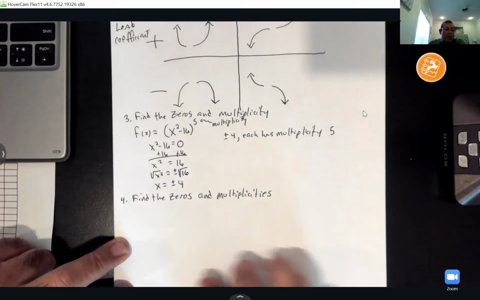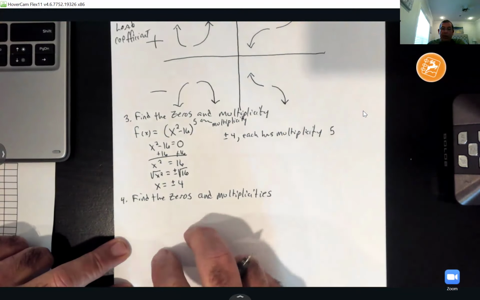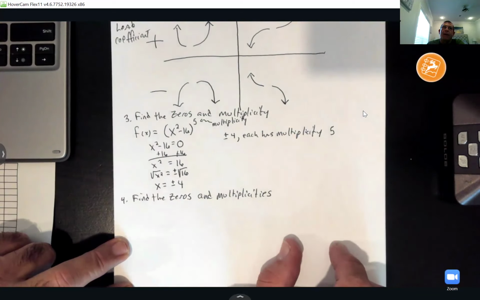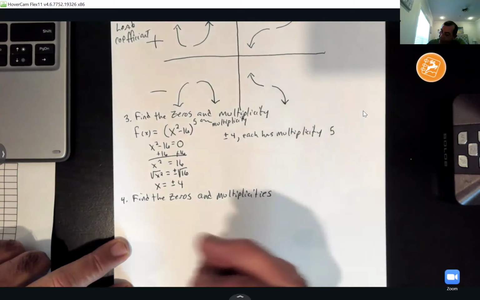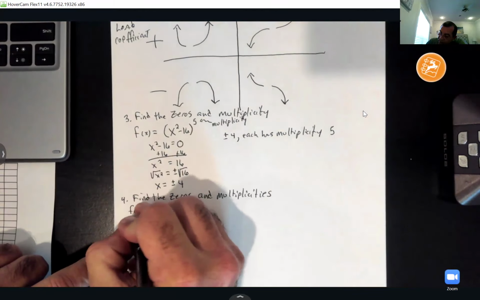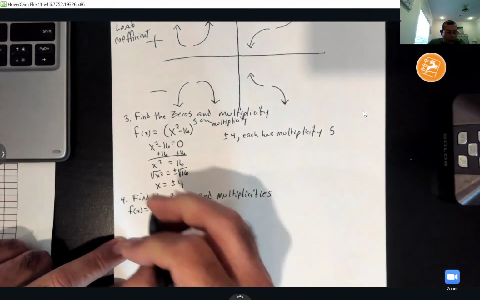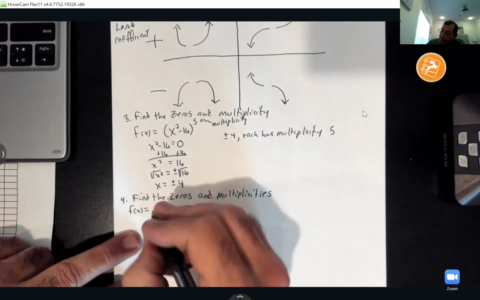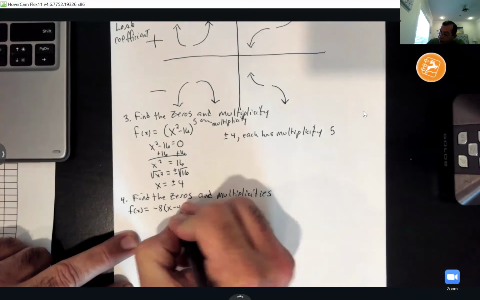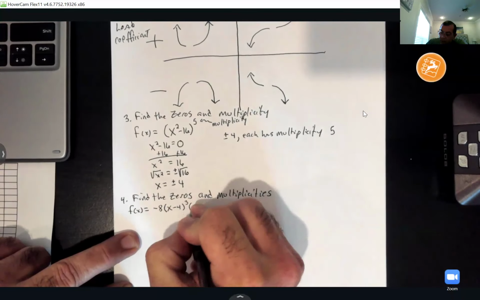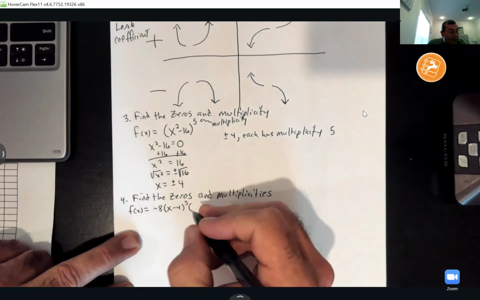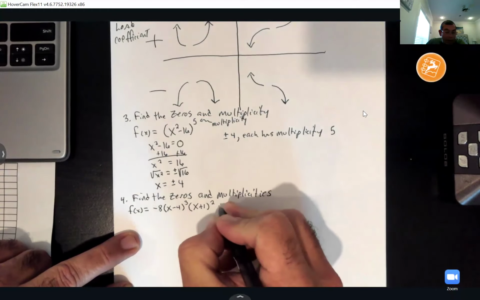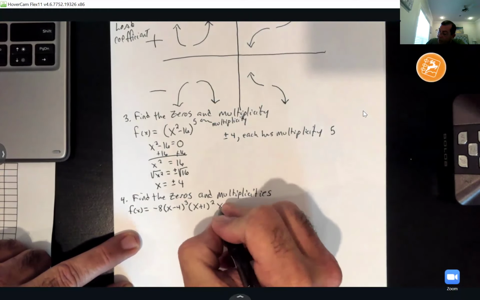Now, this one I'll give our answers. They'll have sentences, and we're going to fill in the answer blanks, okay? So they're giving us f of x equals -8 times x minus 4 to the third times x plus 1 squared times x to the fourth.